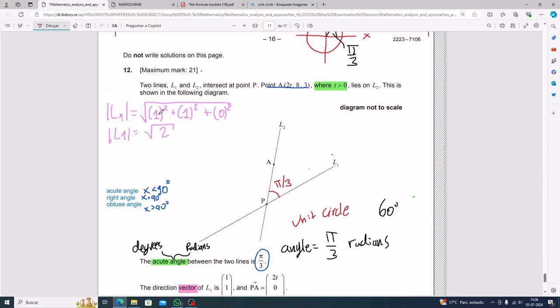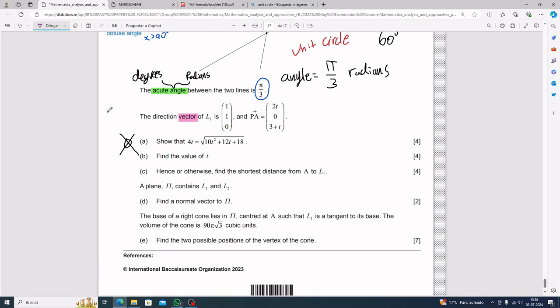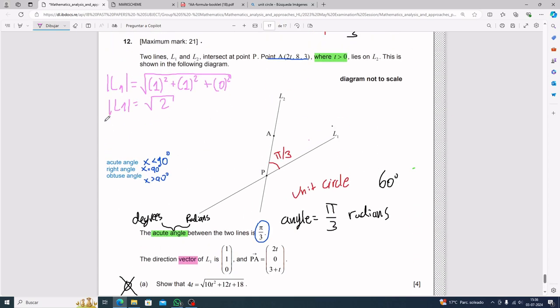Now, the magnitude of PA, it's really just the magnitude of L2. For me, it's a little bit more intuitive if I leave it as magnitude of L2. So, to each their own.